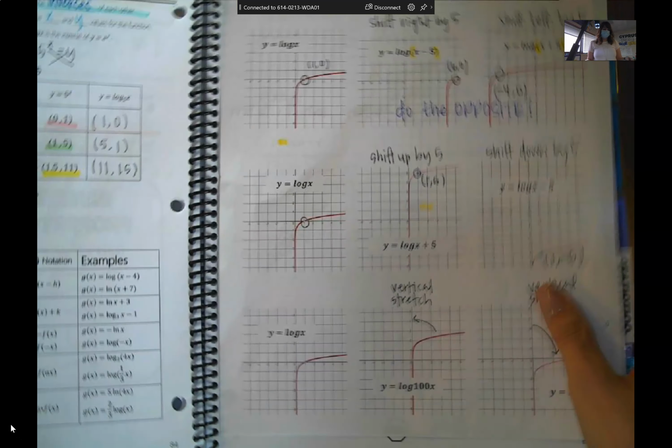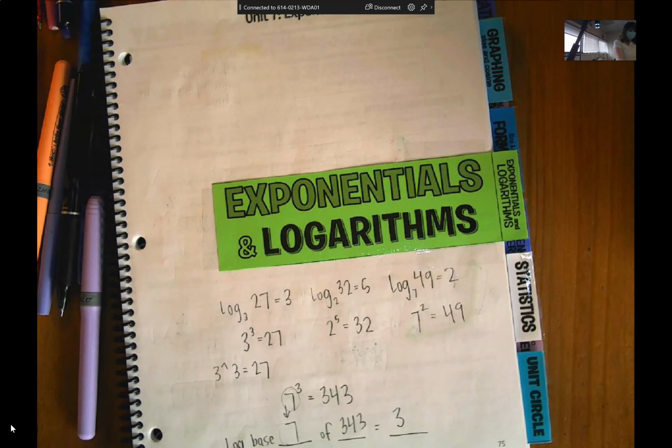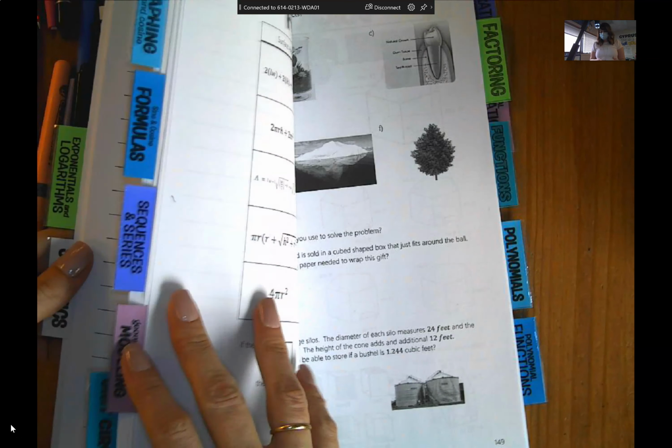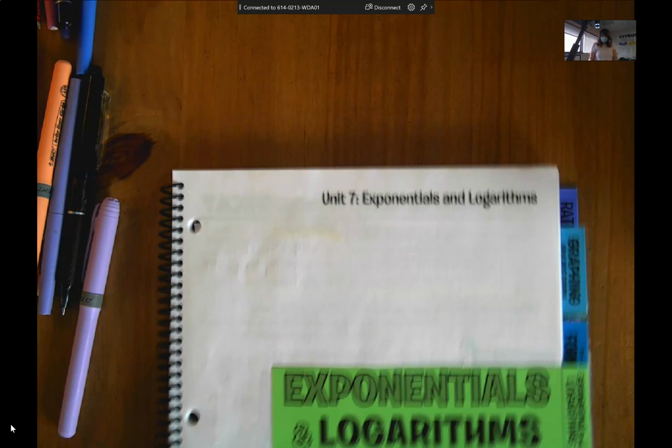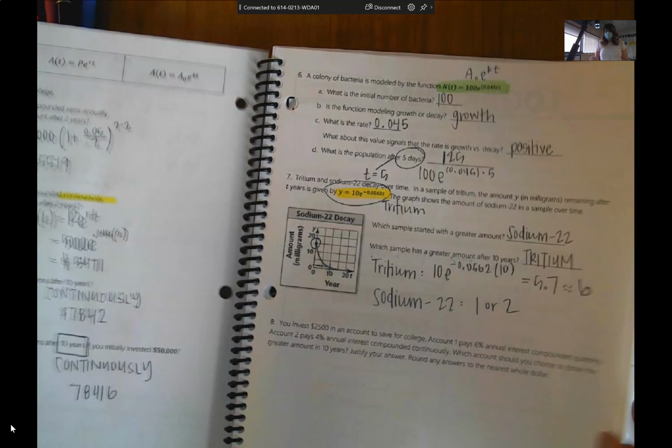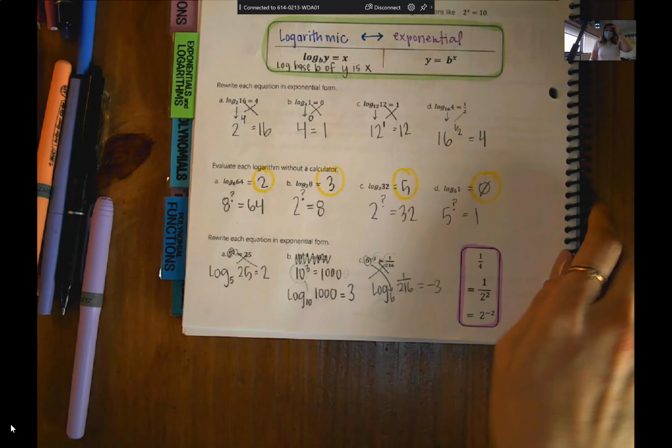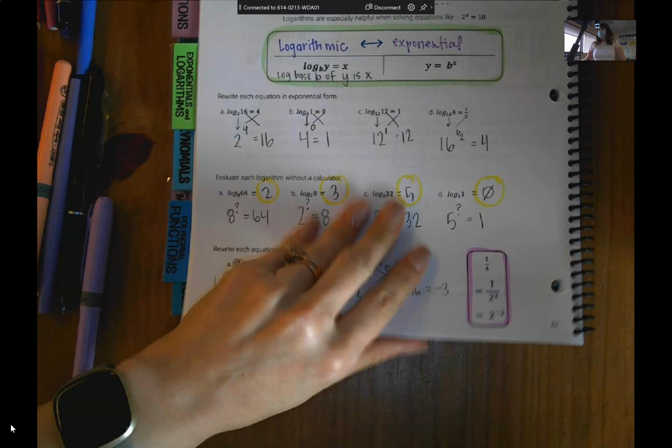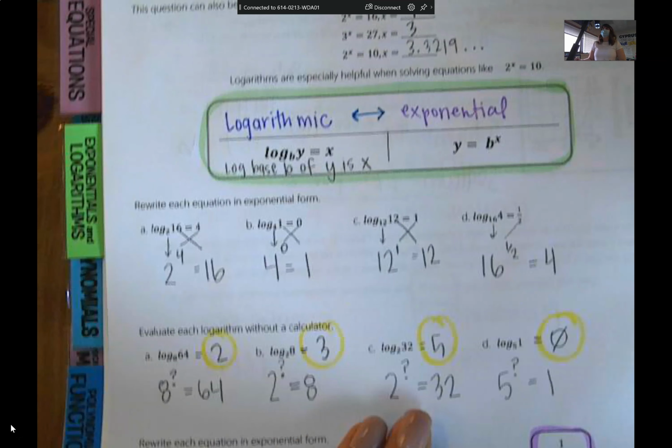So, last time we talked about and were introduced to logarithms. One of the most important things about logarithms is that they are related to exponents. So we can rearrange an exponent to look like a log and vice versa.